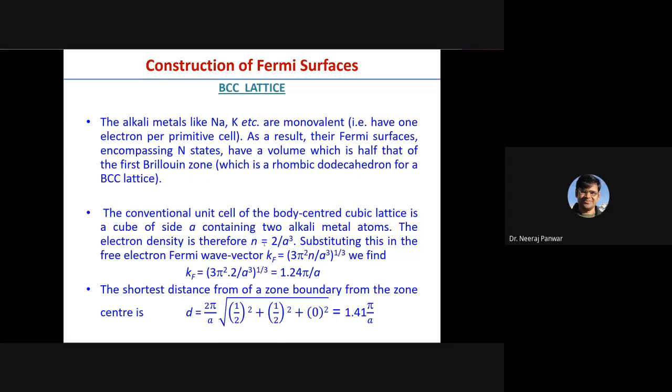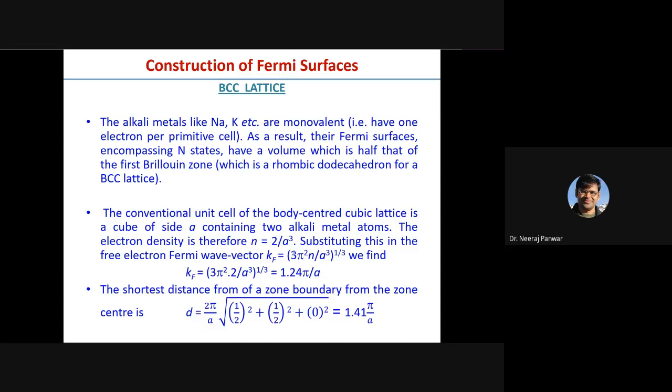And if we substitute this n in the expression for the Fermi radius, if you recall our discussion on Sommerfeld free electron theory, Kf was (3 pi square N divided by V) to the power 1/3.